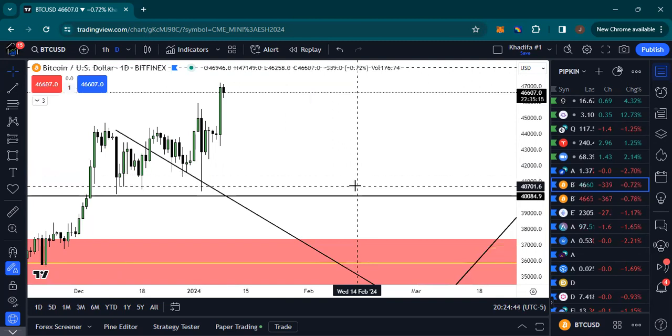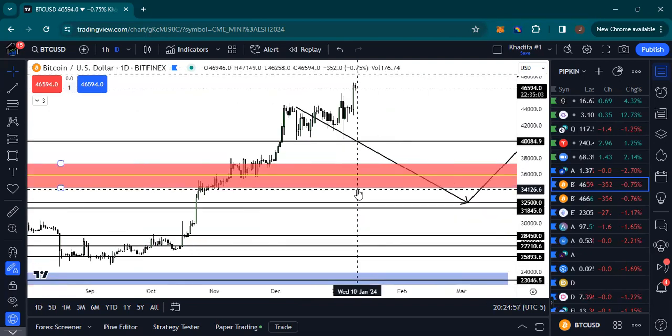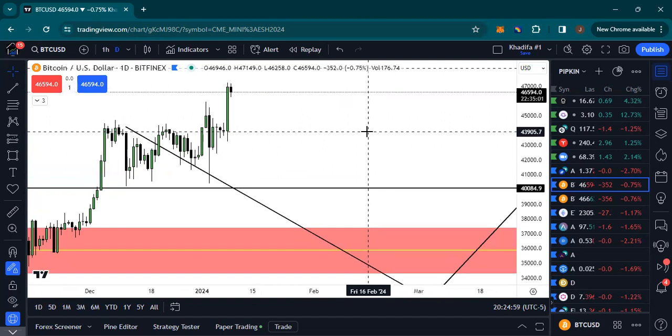Be safe out there if you're buying Bitcoin, especially if you're trading Bitcoin. Be super, super, super careful because Bitcoin is very volatile.